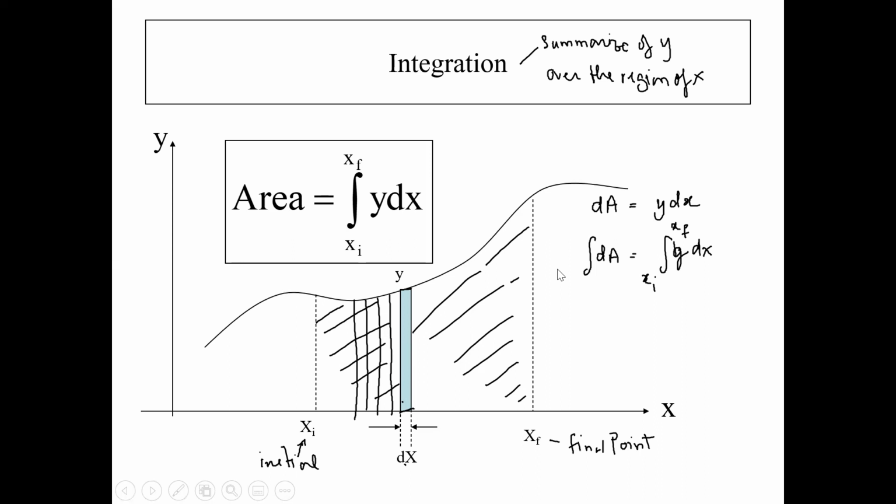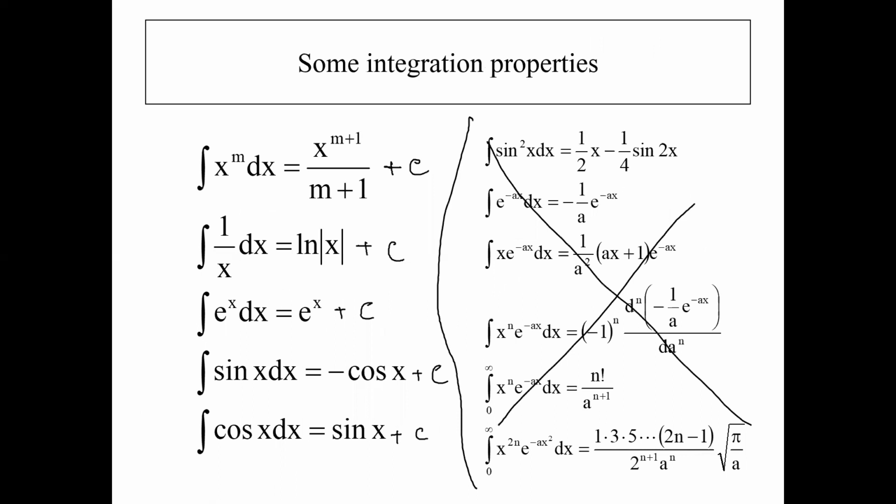The act of adding up is represented by the symbol of integration. So the integration of dA, which is y dx, is the total area from xi to xf. This is the integration between y and x, the area from the beginning to the ending point.